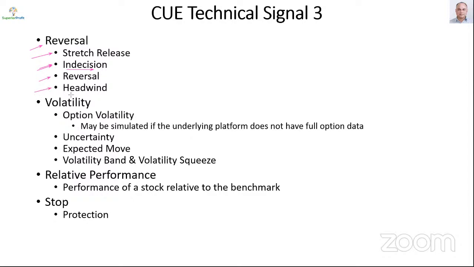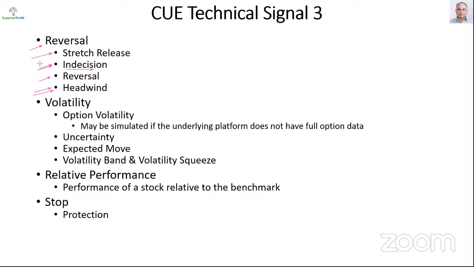And lastly, the very unique headwind reversal that tries to anticipate an impending reversal in a stock, either up move or down move. Up move at trend low and in a downtrending stock, and down move in an uptrending stock. It tries to anticipate on daily interval, usually used on daily interval. That's the headwind signal.